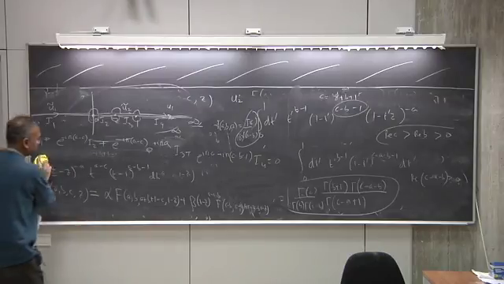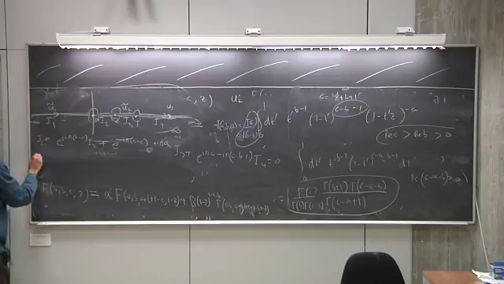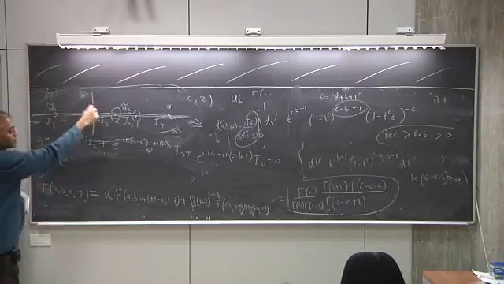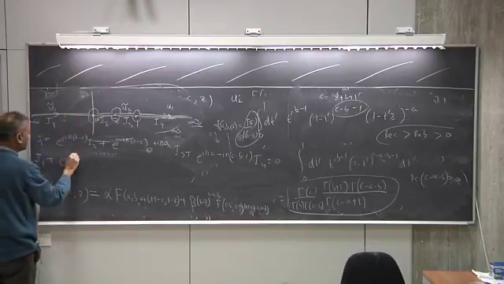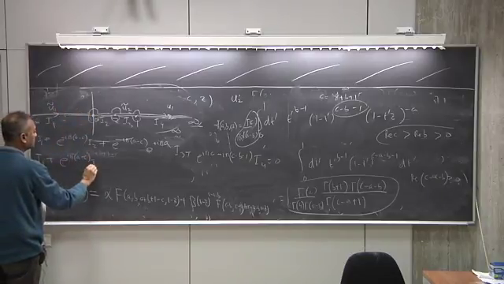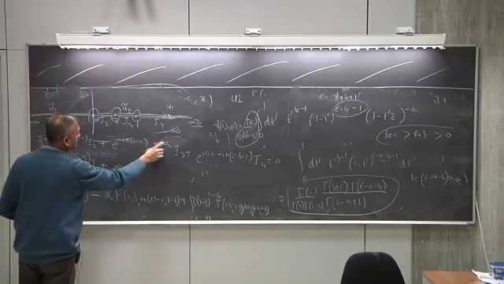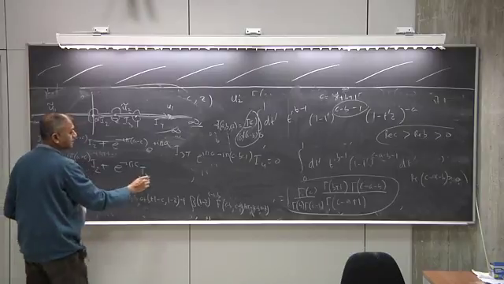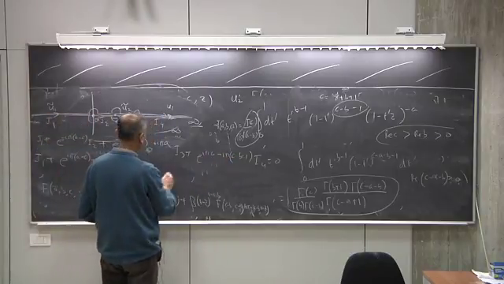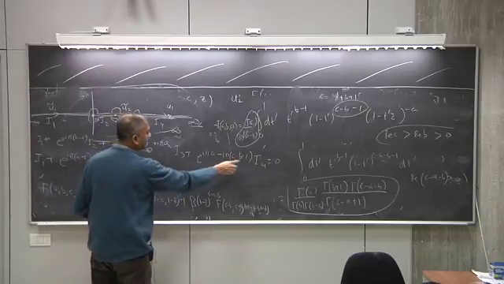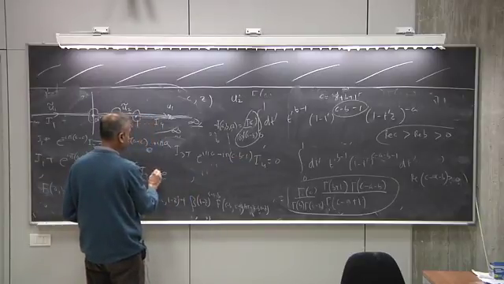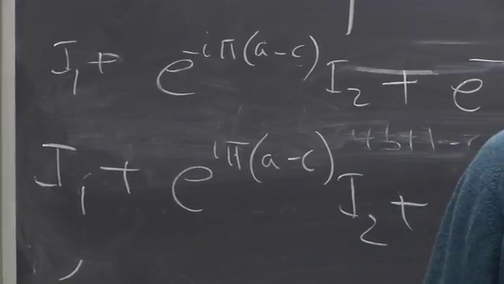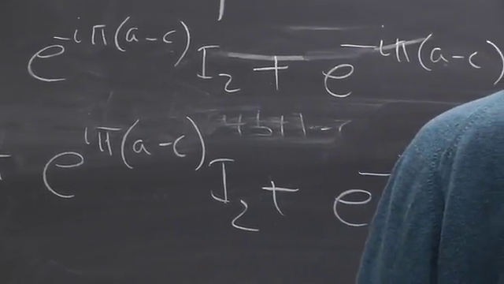So you get another equation, which is just the opposite phases: I1 plus opposite phase, e to the i pi (a minus c), I2, because now it's counterclockwise, plus, e to the a cancels, so e to the minus i pi c, I3, and then here c cancels, so e to the power of, okay, i pi, this is my e to the power of minus i pi (b minus 1), I4 equal to 0.